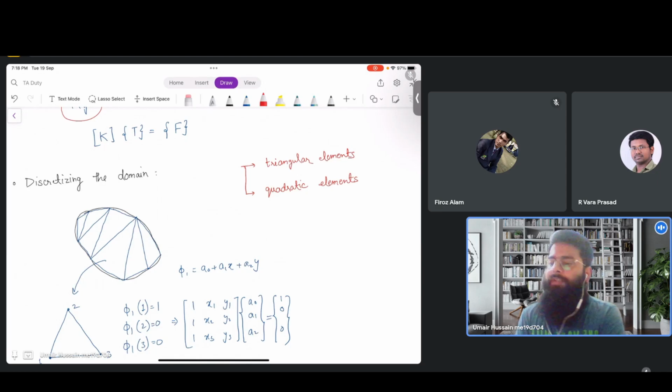Can anyone tell me which of these two is better? Does anyone have any opinion on this? Triangle is better. Why so?